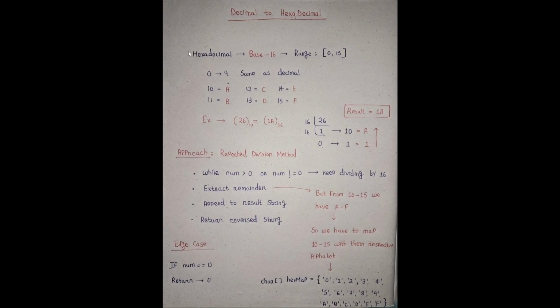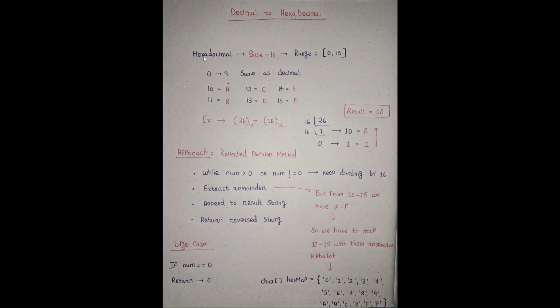Now, what is a hexadecimal number? A hexadecimal number is a base 16 number system. The range of this number system is 0 to 15, which is more than the decimal number system, that is our base 10 number system. So it can accommodate large values of integer and long values. That's why it is used in various cases where a decimal number cannot be used.